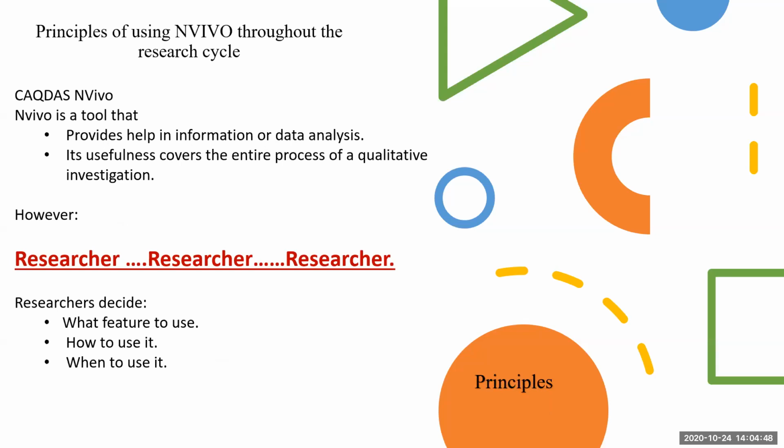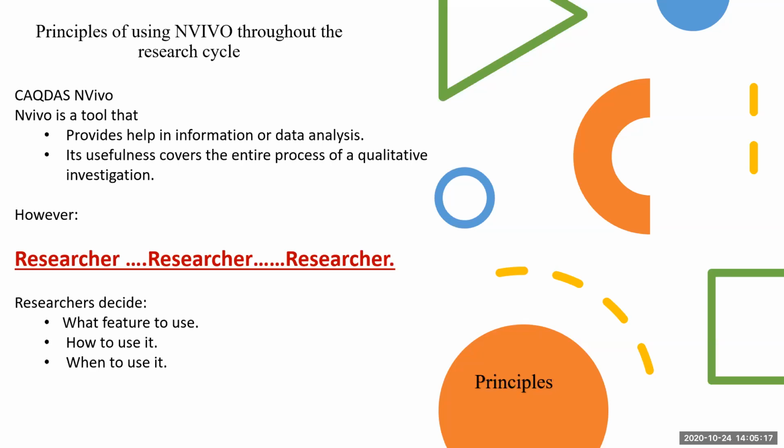Let's now talk about NVivo. NVivo is a tool. But this tool will provide us with the ability to deal with information, store the information, organize this information, and help us to sort it, to get an idea about how we can benefit from this data in our research question.